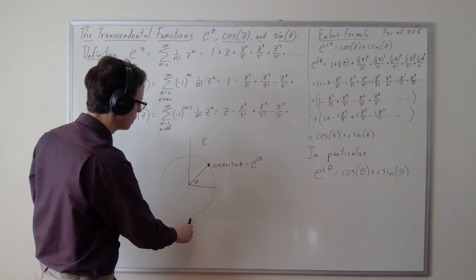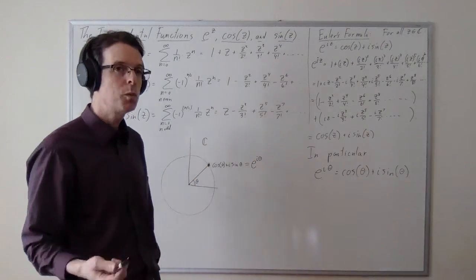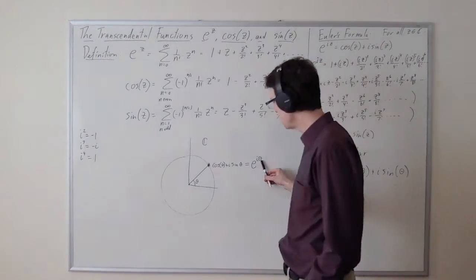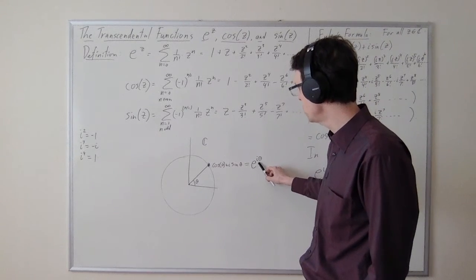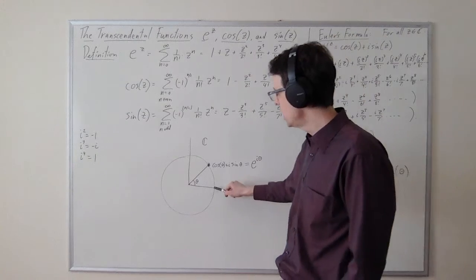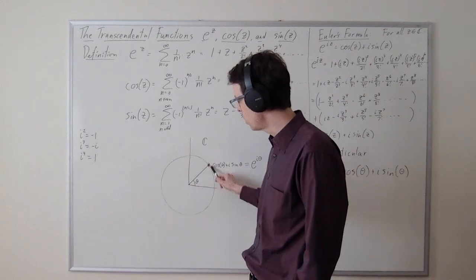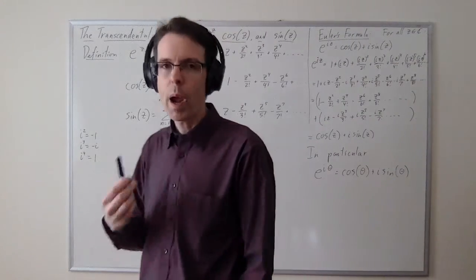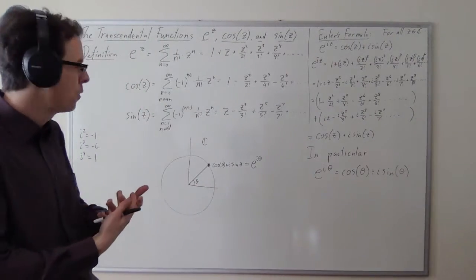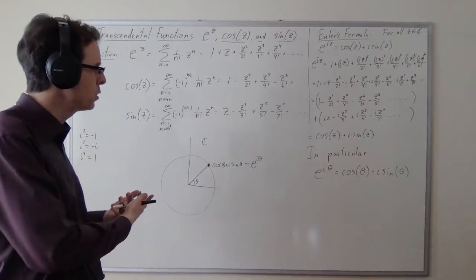It goes round and round and round. And for those particular values of theta, the exponential function is actually bounded. When you restrict the exponential function to the imaginary numbers, it's bounded, and it just rotates around and around here. And that is a miraculous synthesis of what we know about trigonometry with what we know about exponential growth.